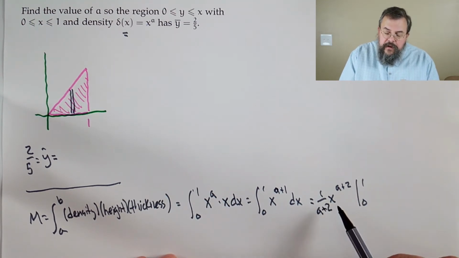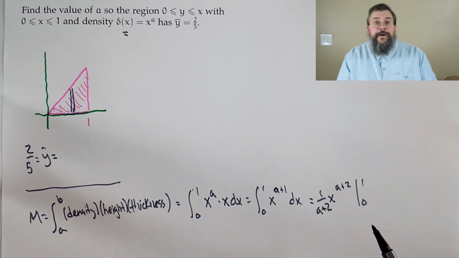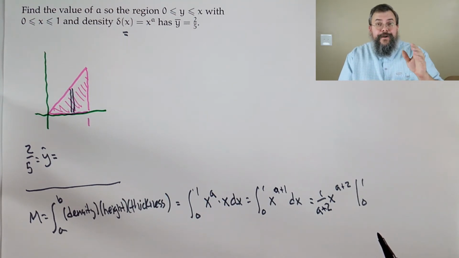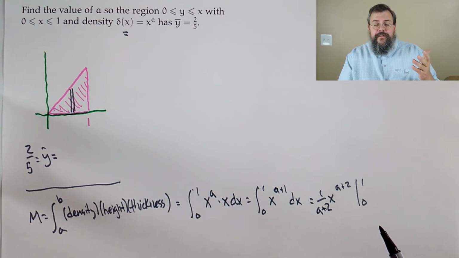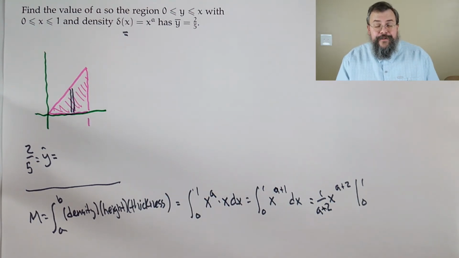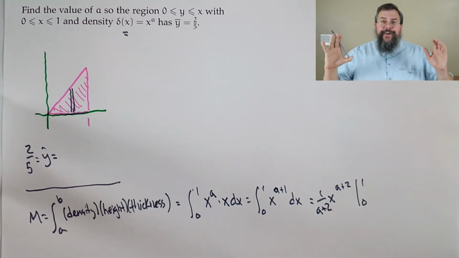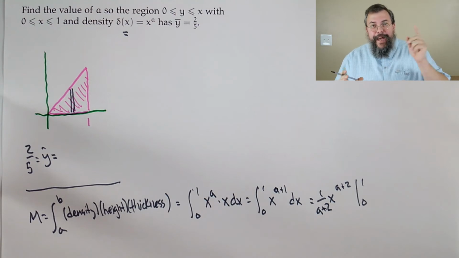Now you plug in 0, you get 0. Plug in 1. 1 to the power a plus 2 is 1. Well, 1 to any power is 1. Sounds so obvious when you say it. We've had students get tripped up before, like, what is 1 to the a plus 2? I don't know. Now we know.